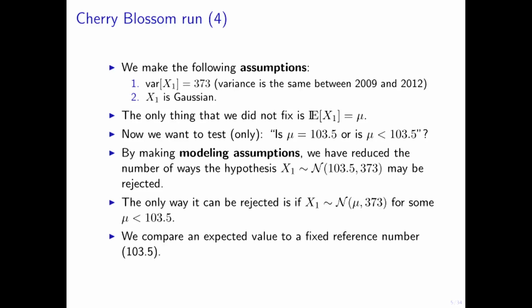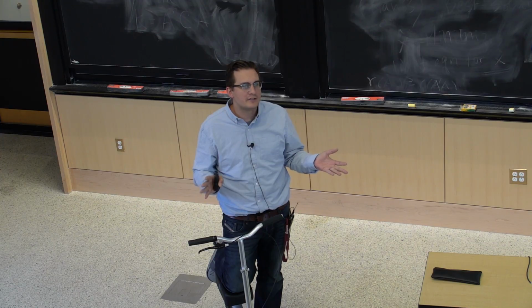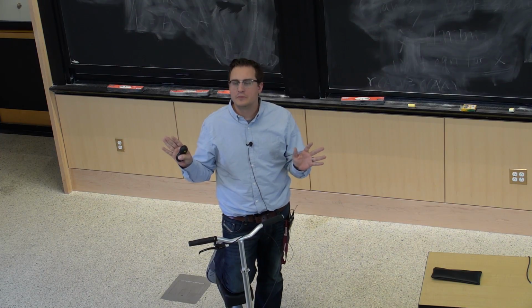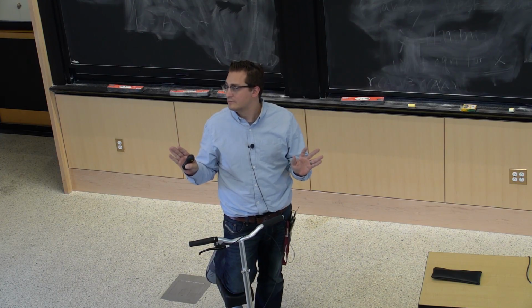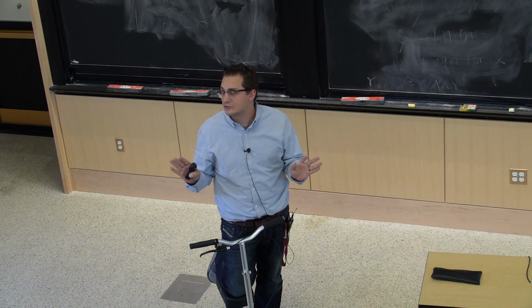The number of possible alternative realities for this hypothesis. For example, I'm saying there's no way mu can be larger than 103.5. I've already factored that in. It could be, but if it's larger, all I'm going to be able to tell you is that it's not smaller. I'm not going to be able to tell you that it's actually larger. OK?